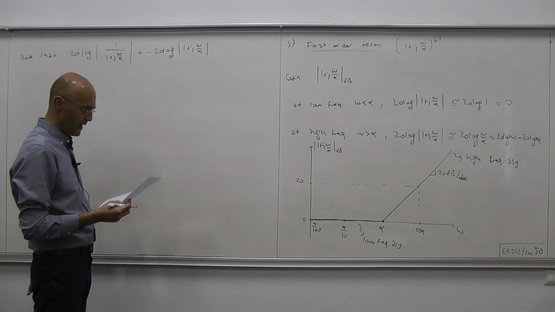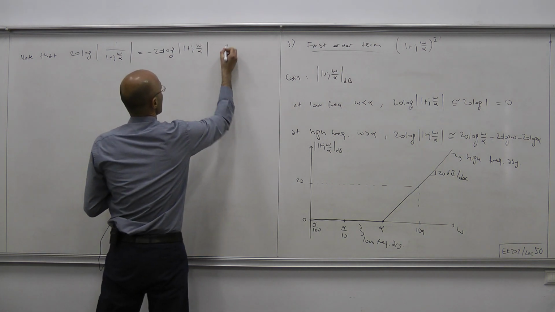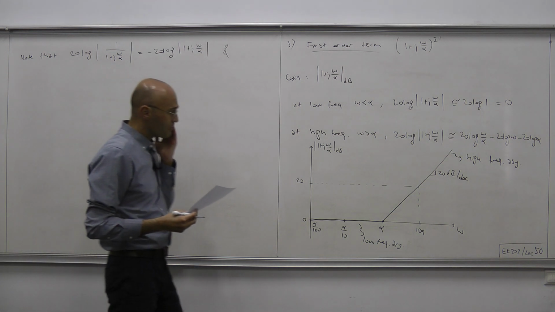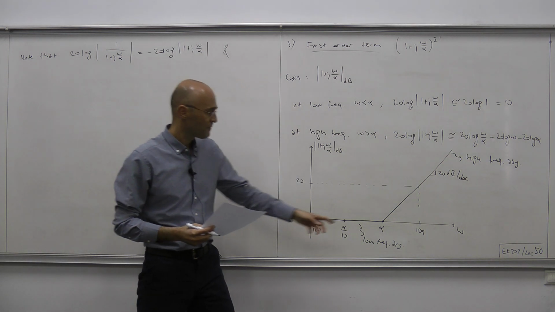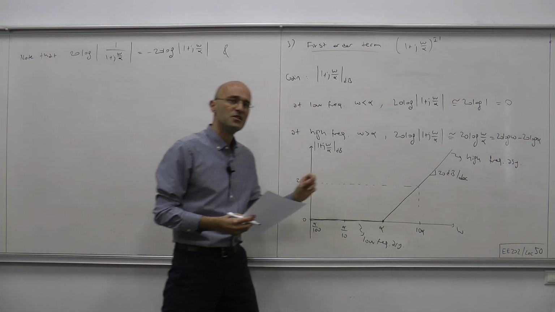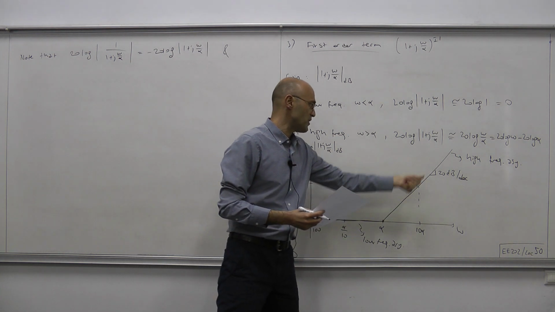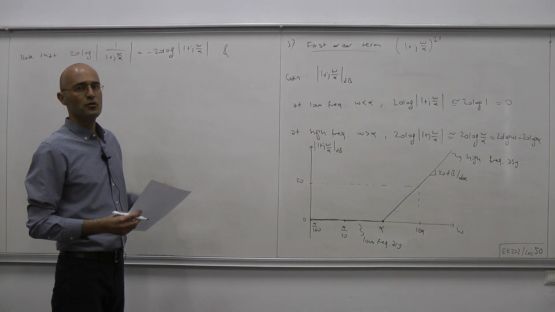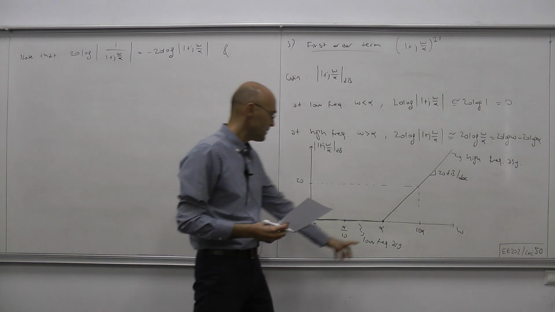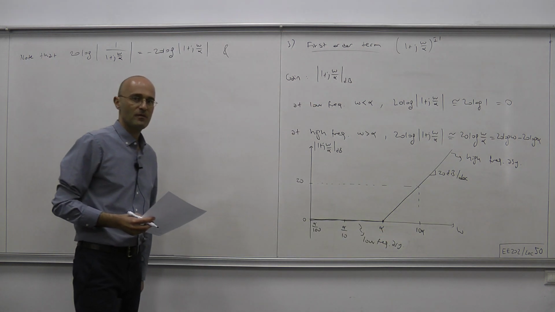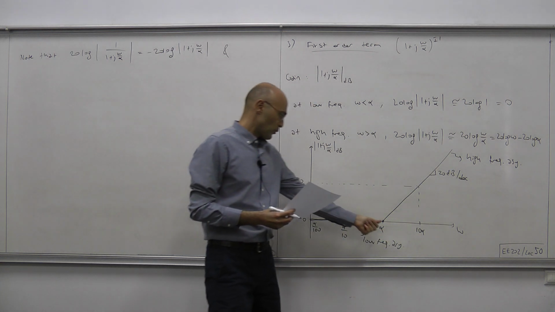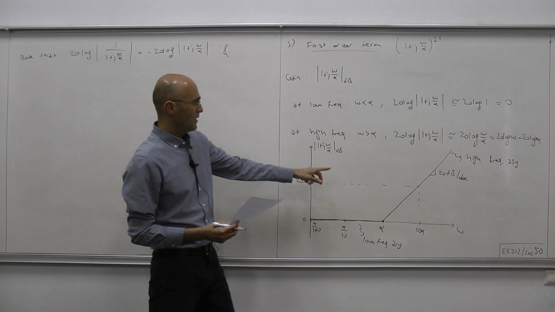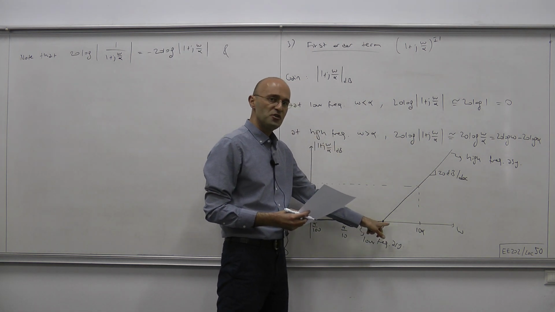As for the validity of the approximation, it turns out that the farthest the actual curve is from the asymptotes is at the frequency where the two asymptotes meet, namely at omega equals alpha. Our approximation tells us that at alpha, the gain equals 0 dB.